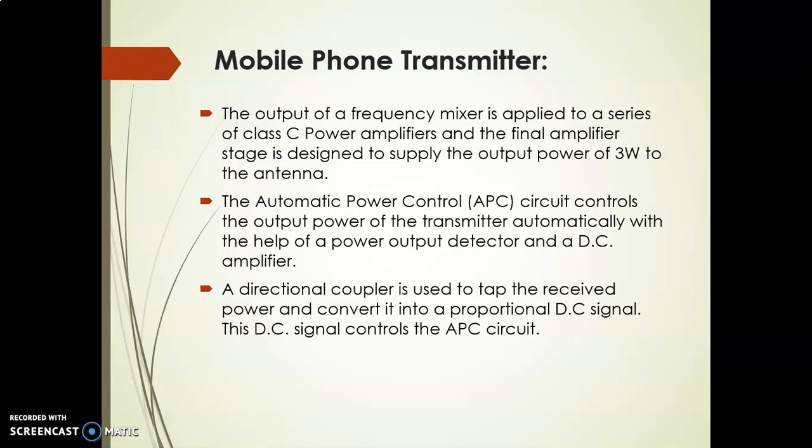The APC, that is the automatic power control circuit, controls the output power of the transmitter automatically with the help of the power output detector and the DC amplifier. The directional coupler is used to tap the transmitted power and convert it into a proportional DC signal. This DC signal controls the APC circuit.